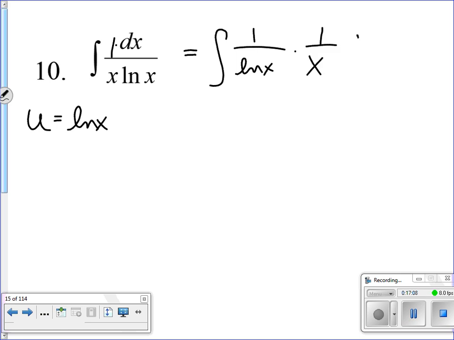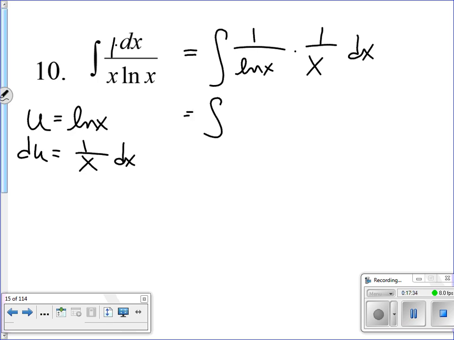You do not have to do this. It just helps people see it a little better. So when you suspect that u is either ln of x, rad x, or 1 over x, it's nice to rewrite the quotient as a product. Okay, so now if u is ln of x, du is 1 over x. We don't need any factors, we just convert it.